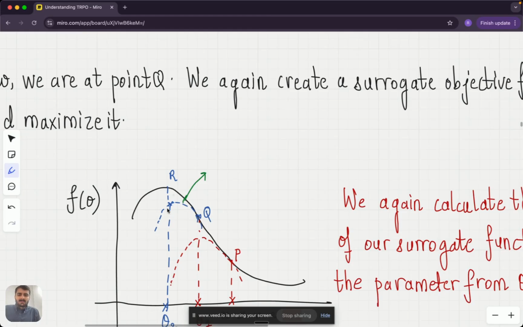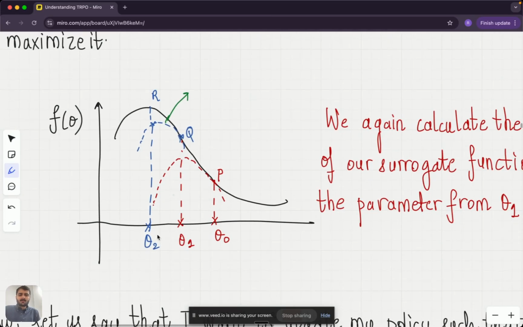We calculate the maximum of this function, see which point gives the maximum, and move from the old parameter to the new parameter. So initially we moved from theta 0 to theta 1, then from theta 1 to theta 2.